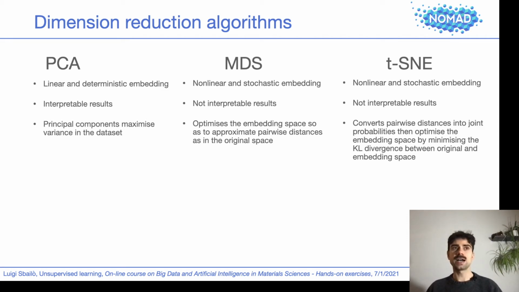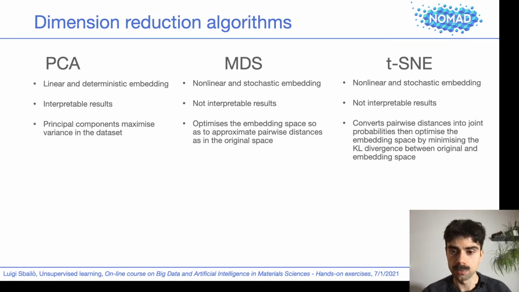But if you want to understand whether two clusters that are far apart in a t-SNE plot are also far in the original space, that's not a good algorithm. For this kind of purpose, MDS will work best.